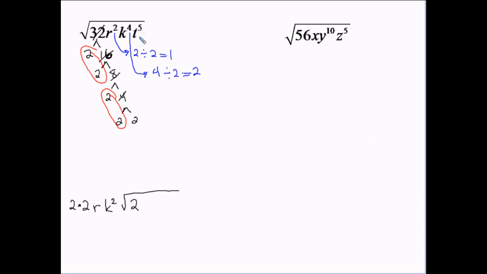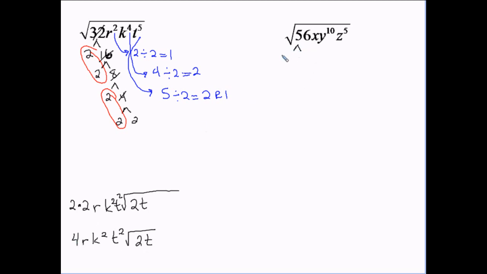And t to the 5th, 2 with a remainder of 1. So 2 t's and 1 t is left behind. And then I'll need to simplify that. I didn't leave myself a lot of room there, sorry. So 4r k squared t squared times the square root of 2t.